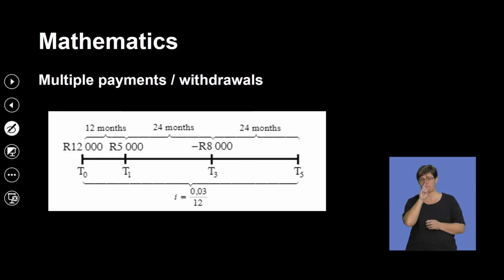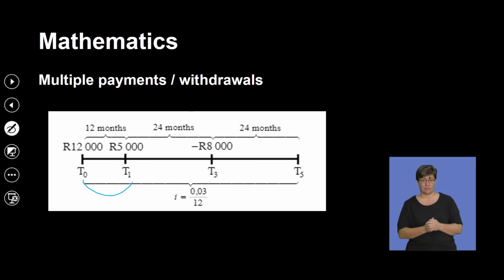So if we look at this from a number line perspective, you see what is happening here. For the first year, the amount there was 12,000. Then at the end of the first year, she decided to deposit the 5,000.